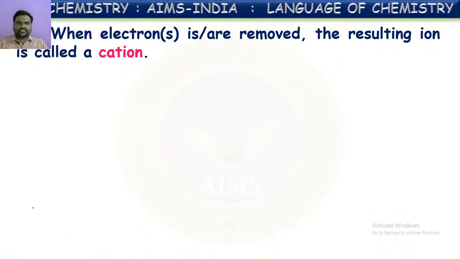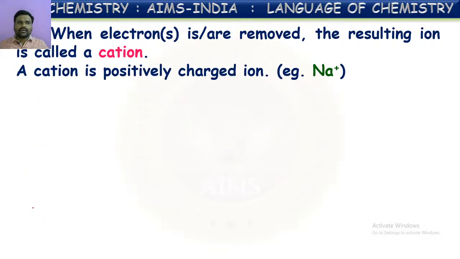If one or more electrons are removed from an atom, then the resulting ion formed is called a cation. A cation is positively charged. Why are cations positively charged? We can give a simple explanation. Take the Na plus ion, called a cation, formed by the loss of one electron by a sodium atom.